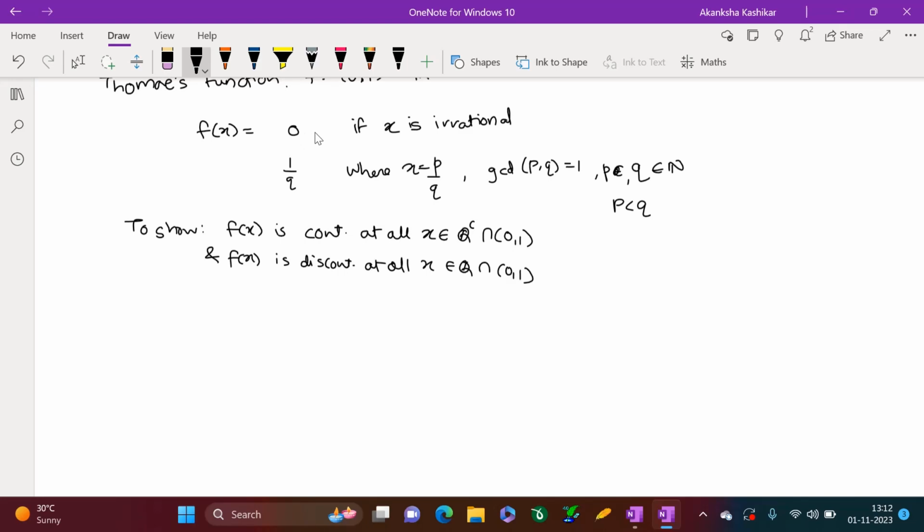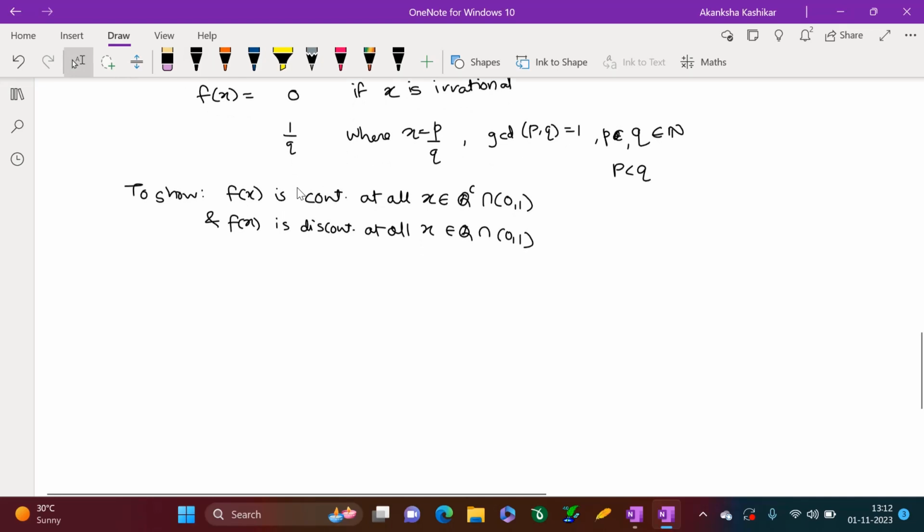So if you construct a sequence of irrationals converging to a rational, then the function value will be 0, 0, 0, and so on. Okay, it won't go anywhere near. So it is easy to show through a sequence of irrationals that a function is discontinuous for every rational, but we won't do that. We are doing all these things to practice the epsilon-delta definition because it's a very important analytical method.